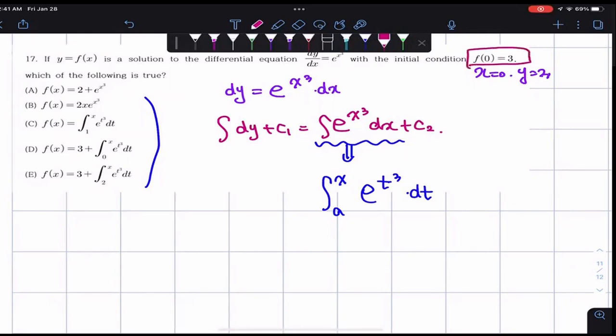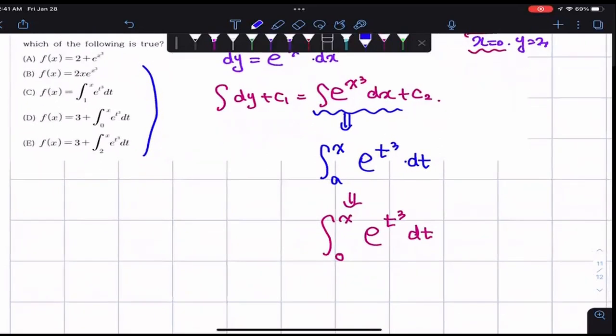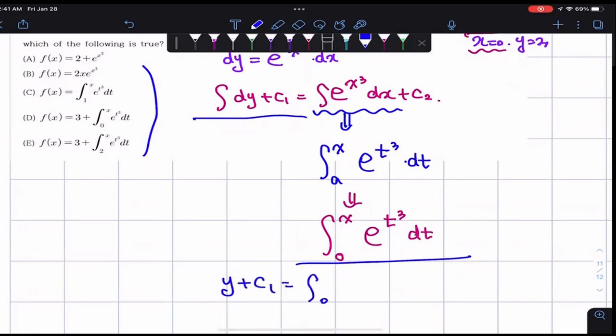Considering initial point 0, I can rewrite this as the integral from 0 to x of e to the power of t cubed dt.